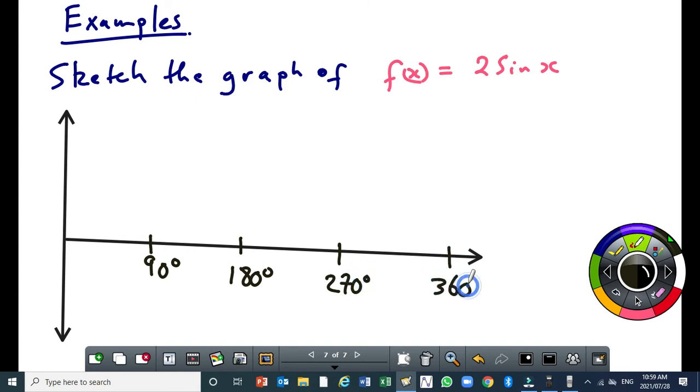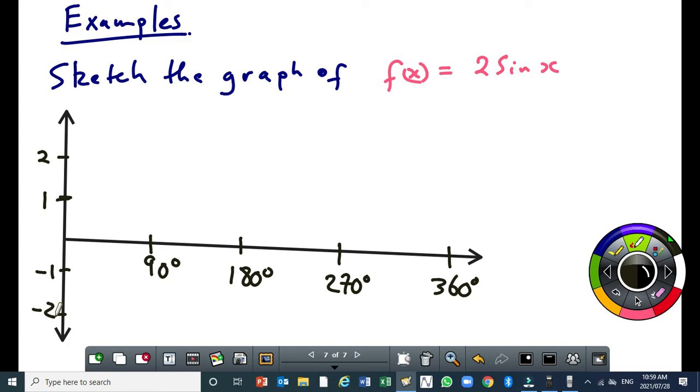And this is 360 degrees. Right? Since the value of A is 2, it means my amplitude is going to be 2.